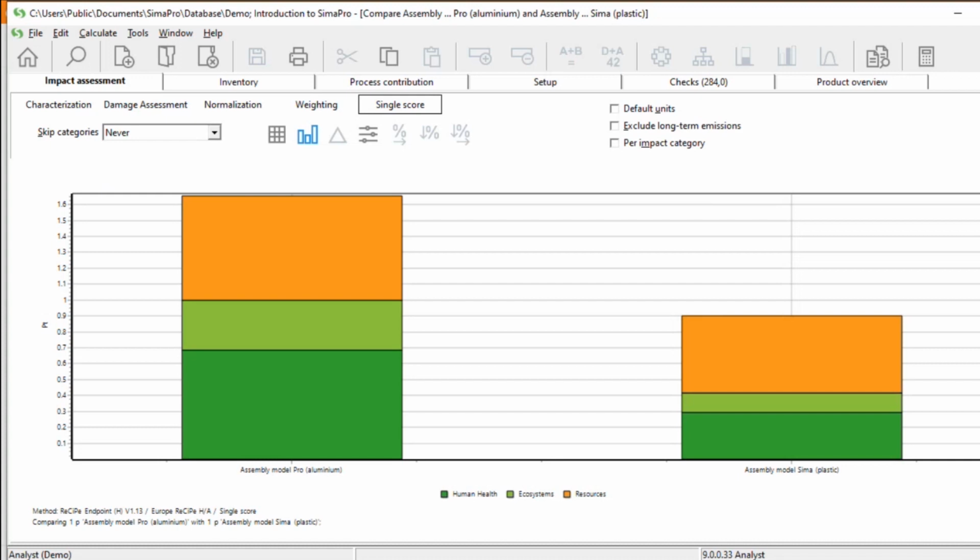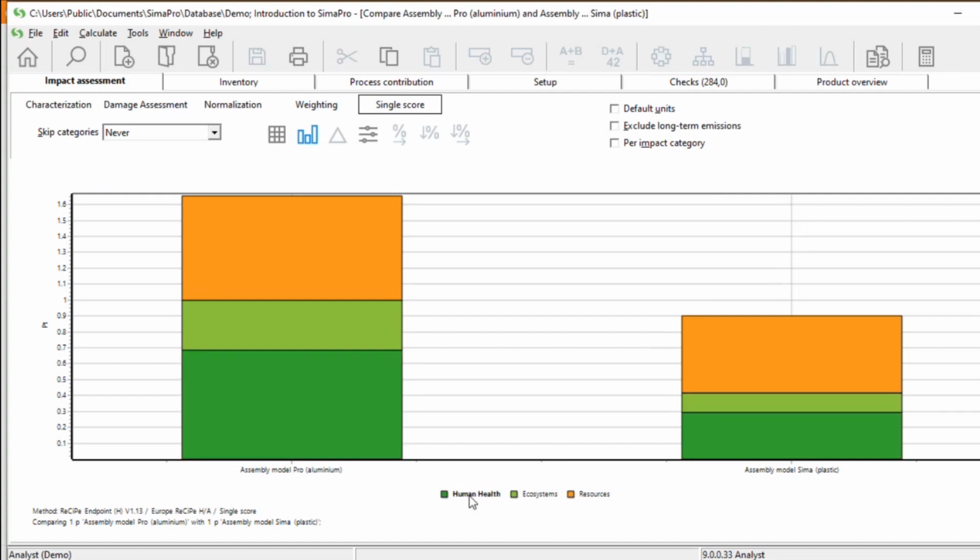All right, so we have got the results. This one is the single score impact assessment. Here you can see the environmental burden of those two processes. One is aluminum and the other is plastic.